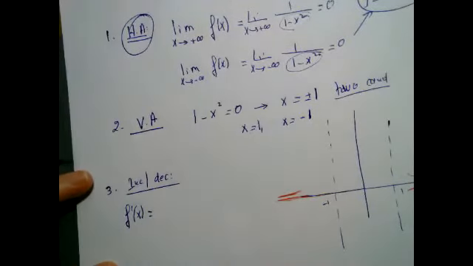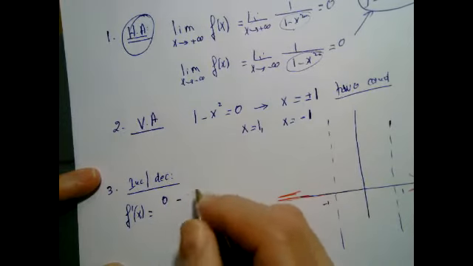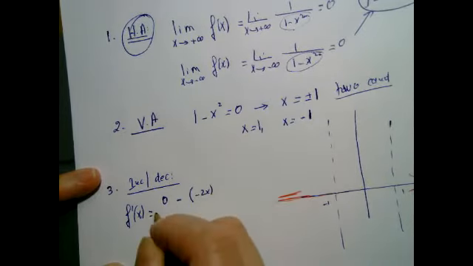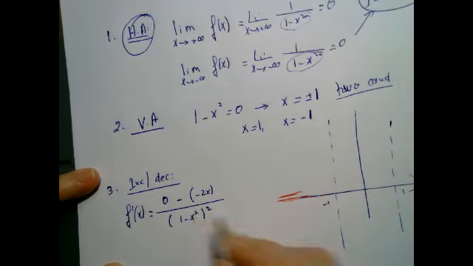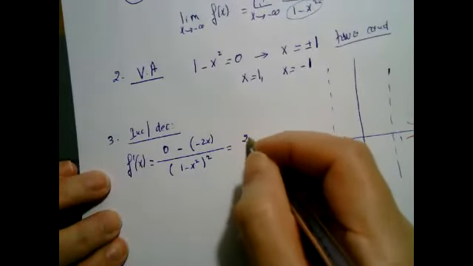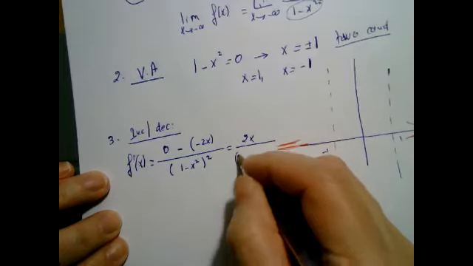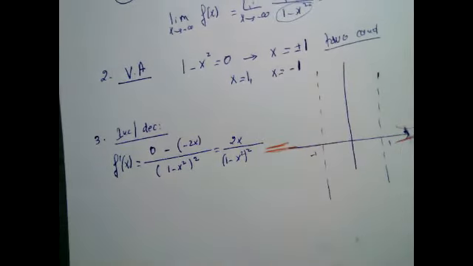So f prime of x equals the derivative of the numerator, which is 0, minus the derivative of the denominator, divided by the denominator squared. Which is going to be equal to f prime is 2x over that. So please, if I'm making any stupid mistake, be aware, because I'm trying to be as fast as I can.